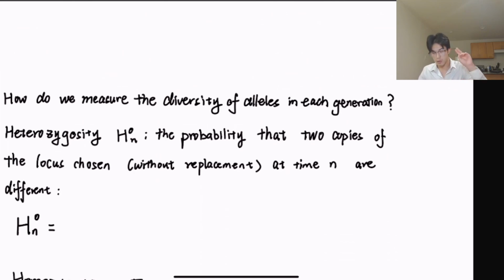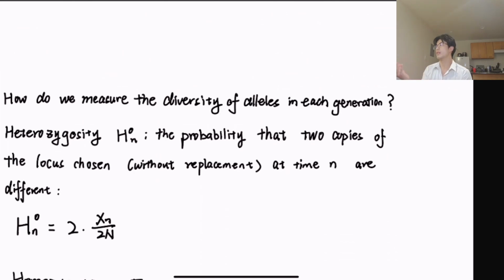If we choose two copies of the locus and they're different, it means we have to choose a big A and a small a. The two choices we make must be different. So we either first choose the big A, then the small a, or we first choose the small a and then the big A. But the probabilities are actually equal, a symmetric case of each other. So we can write a factor of 2 here. And what is the probability of first choosing big A? It is xn over 2n, right?